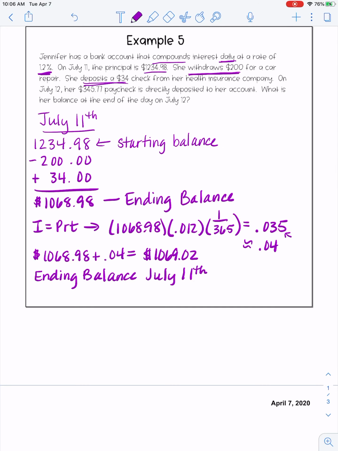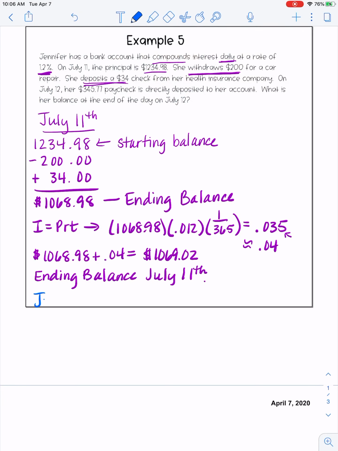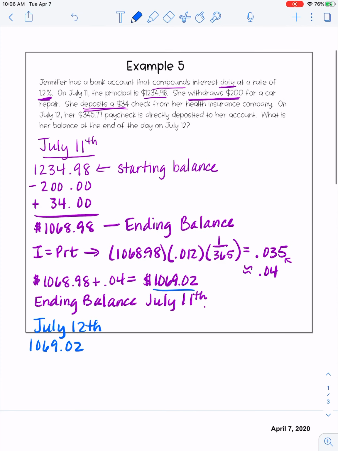On the 12th, I'm going to do that in a different color so you can see what I'm doing. July 12th. Her beginning balance was this, 1069.02. If we go back up to the problem, it says on July 11th, she deposited her paycheck, right?